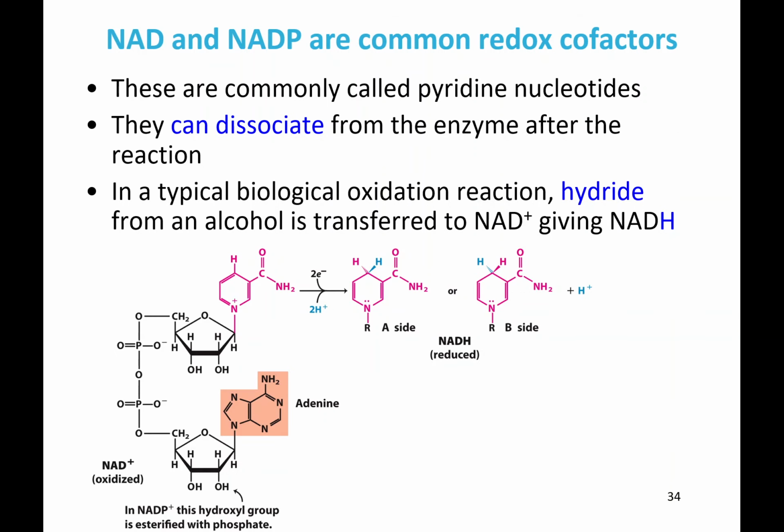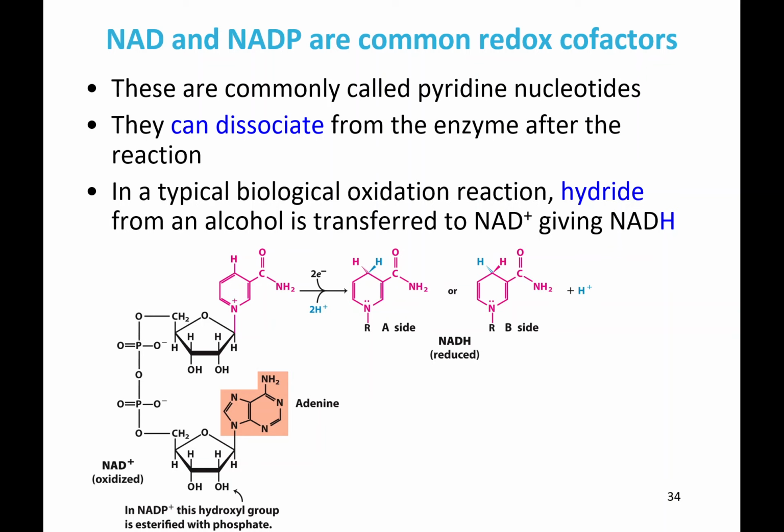Some common cofactors that are used for electron transfer in proteins and in enzymes. Okay, NAD and NADP are probably the most common, at least that we'll see. These are kind of unique in that they can dissociate from the enzyme after the reaction.